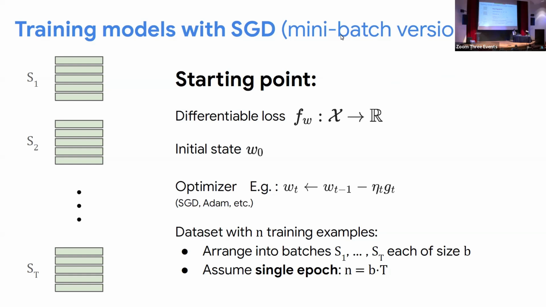We arrange the data set into T batches, each of size B. In this talk, I will just assume a single epoch of training, although the techniques can be extended to multiple epochs.